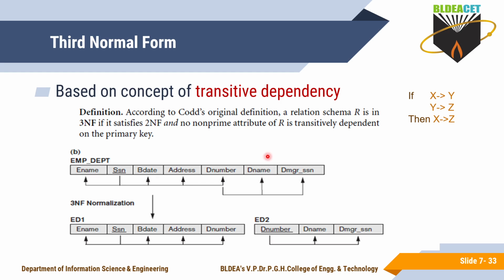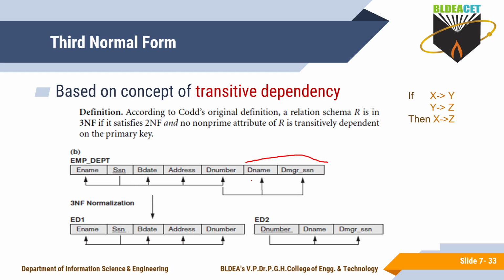They are non-prime attributes, and these are transitively dependent on your primary key SSN. But what does third normal form tell? It doesn't support such a type of transitive dependency. It violates your third normal form here. So these two violate your third normal form.